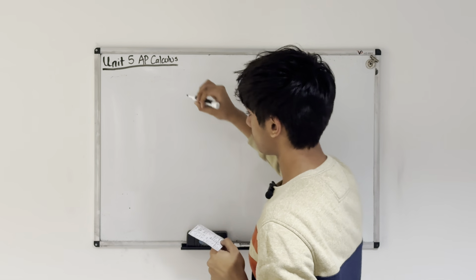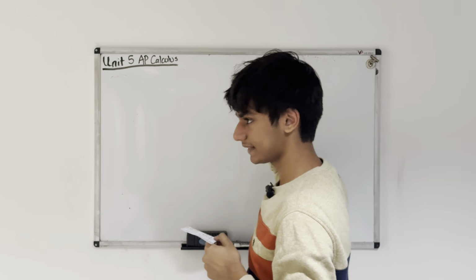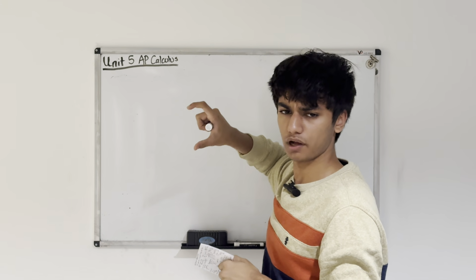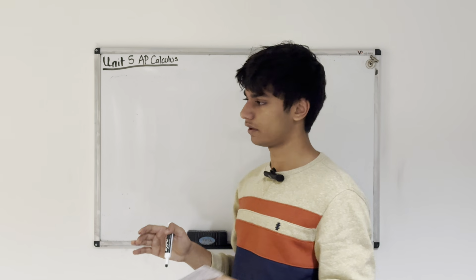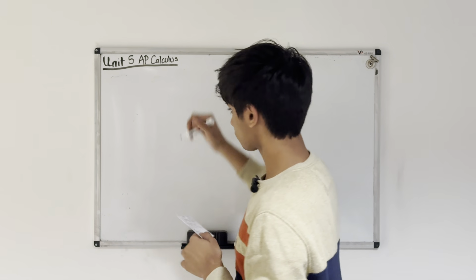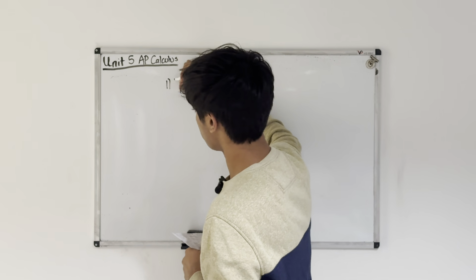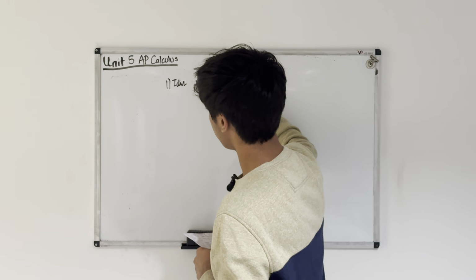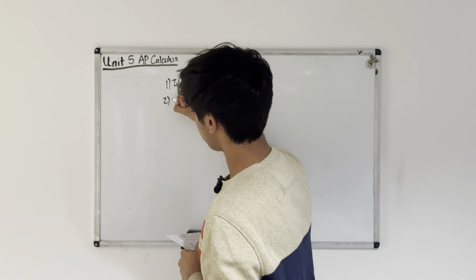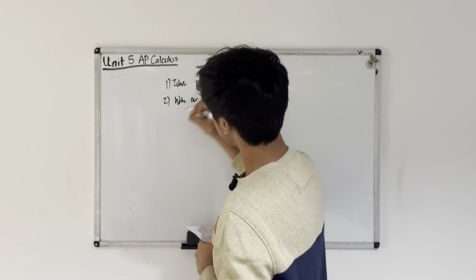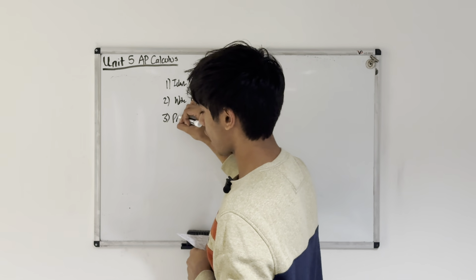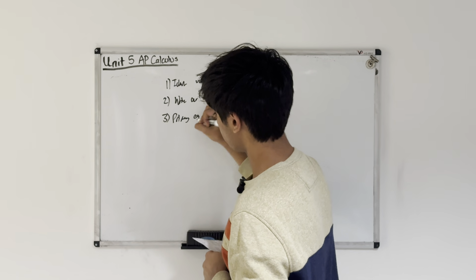And finally, let's do optimization. So optimization, the idea is we're given kind of like a word problem, and we want to figure out how we get the maximum value or the minimum value in this situation. So the key steps: we want to first identify our variables. Then we want to write our equations. Then we want to combine them all into a primary equation with only one variable.